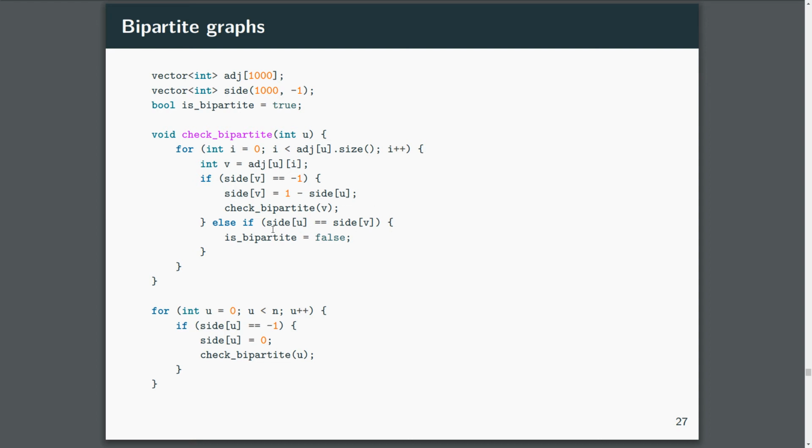And here, if side of u is equal to side of v, so if our node u is in a group and we've already assigned the same group to its neighbor, then we know it's not bipartite.